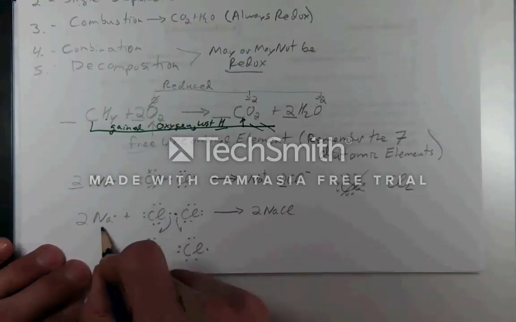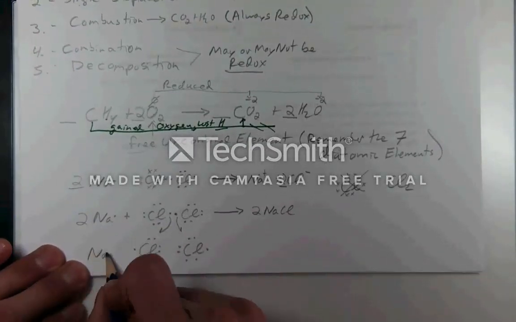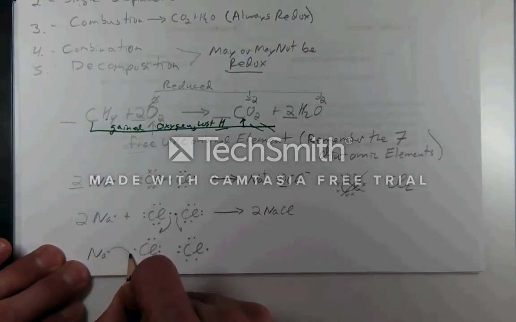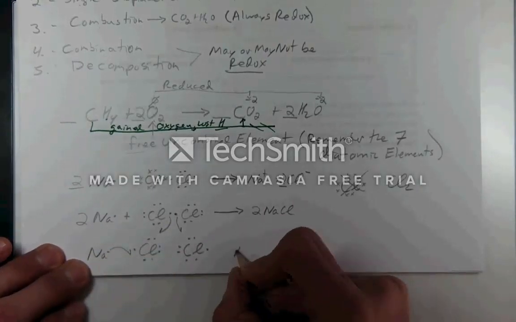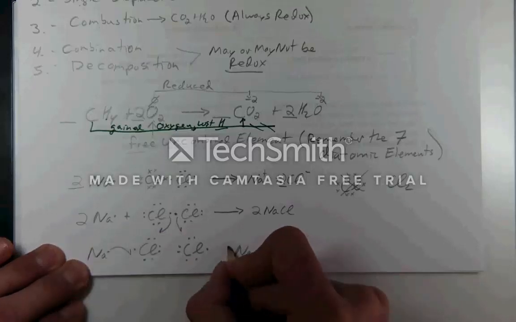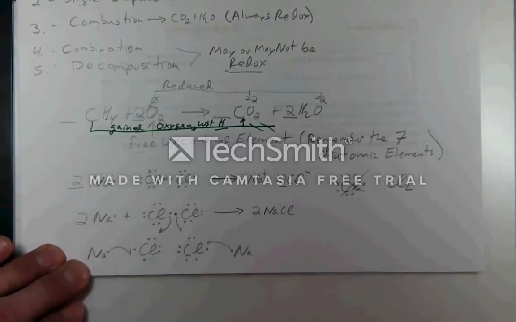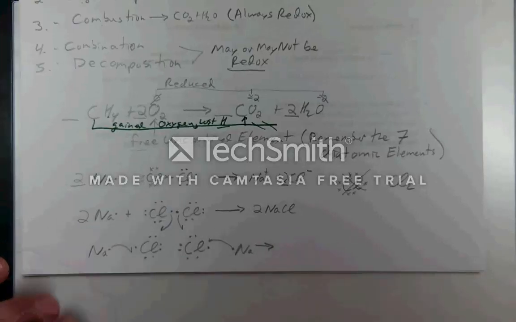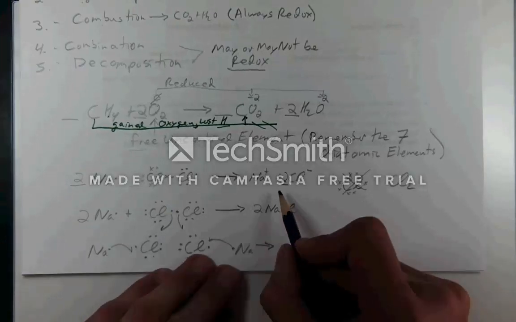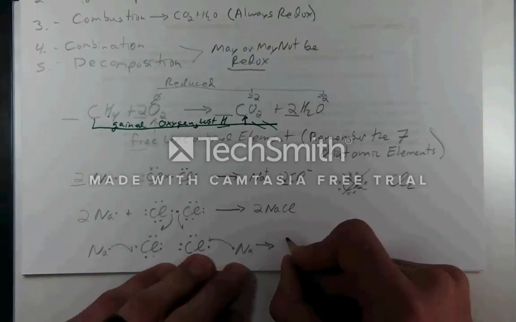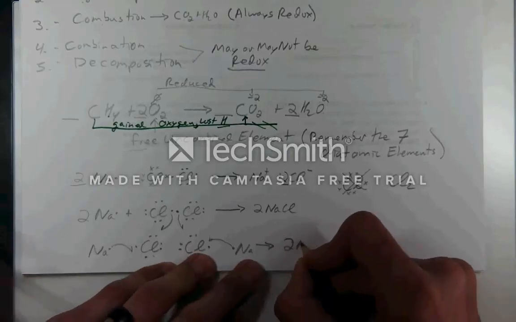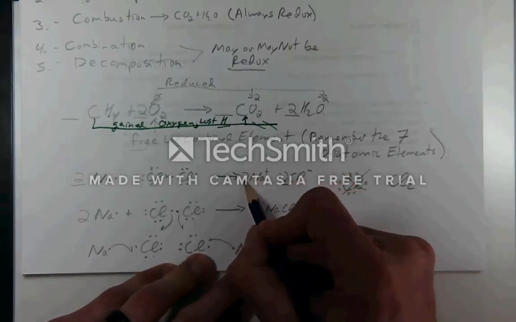And so 1 sodium will donate its electron to 1 chlorine, and another sodium, right, there's 2 sodiums, will donate another electron to its chlorine. And that's more appropriately how you get 2 sodium chlorides, or if you wish, I forgot the 2 here, we need a 2 here as well.